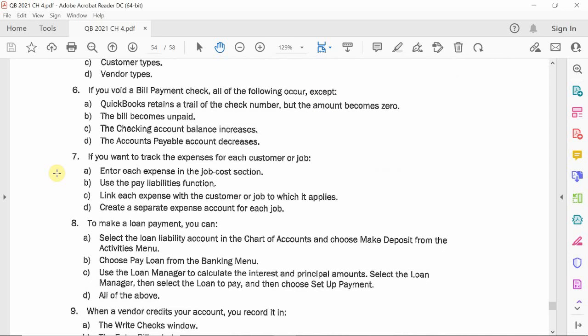Number 7, if you want to track the expenses of each customer or job, what do you need to do? Okay, so if you want to track your expenses for each customer or job, what do you do?